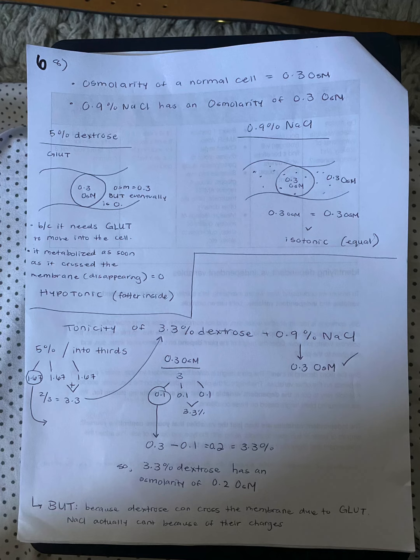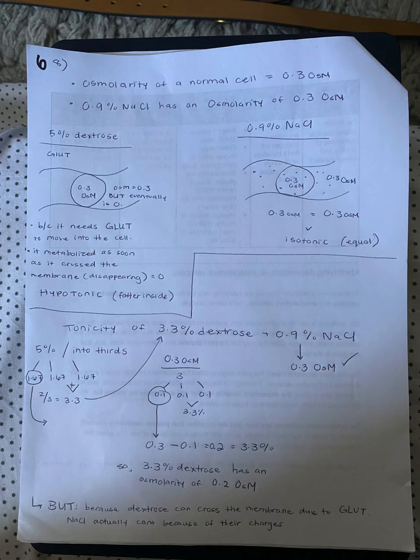Anyway, as you look through my work, you will see that I did write down why 5% dextrose is so special. Dextrose actually needs GLUT in order to move into the cell. But as soon as it crosses the membrane, it starts metabolizing, which, to make things simpler, is in a way saying that it disappears, it's no longer there as one.